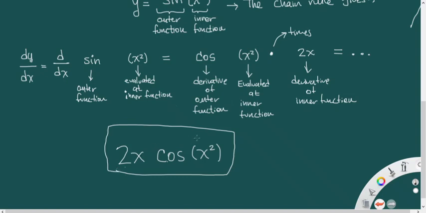Okay, I'm expecting that you now have a clearer understanding of what the chain rule is, and that it works when we have two functions, one evaluated in the inner part of the other. And please recall that this is not applicable to the product of functions. If you have f of x times g of x, then we need to apply another method, which is the method for the product of functions.